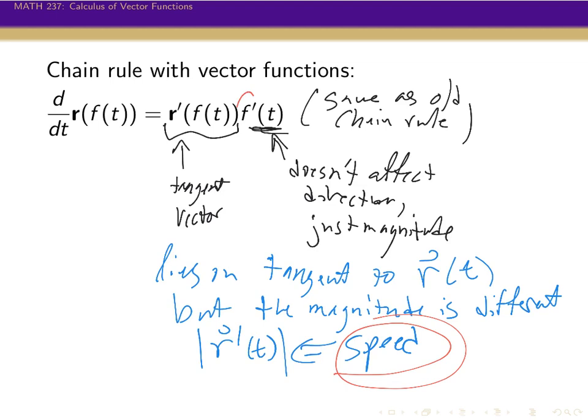And this f prime right here is telling you how the speed is changing. So f prime of t tells us the factor of the change in speed.